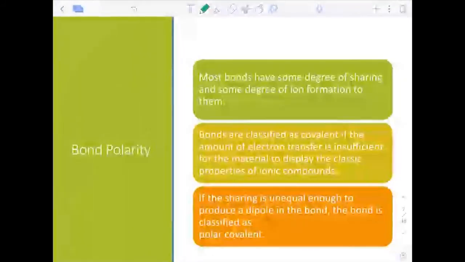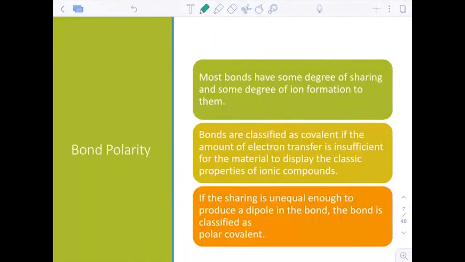Now, bond polarity. Most bonds have some degree of sharing when they are covalent bonds, and some degree of ion formation in them. So in life, we're not black and white. We're not just ionic or just covalent. There's a very gray area of degree of ionic or degree of covalent.